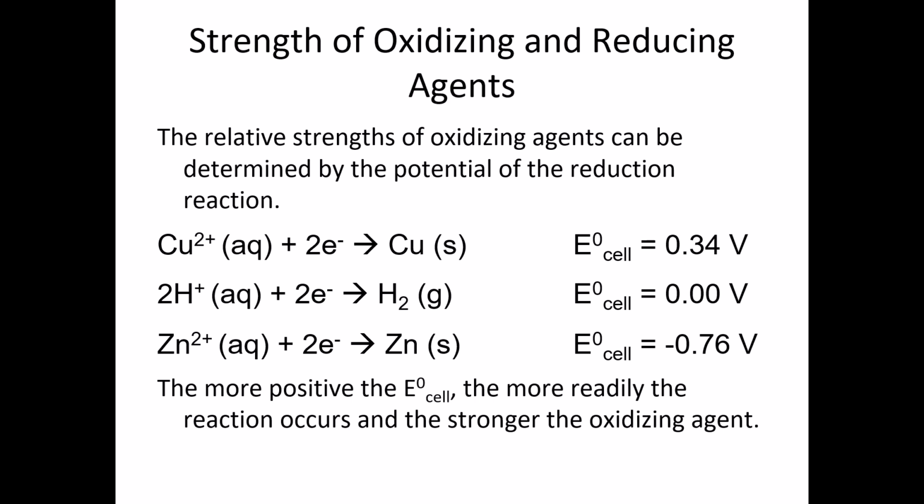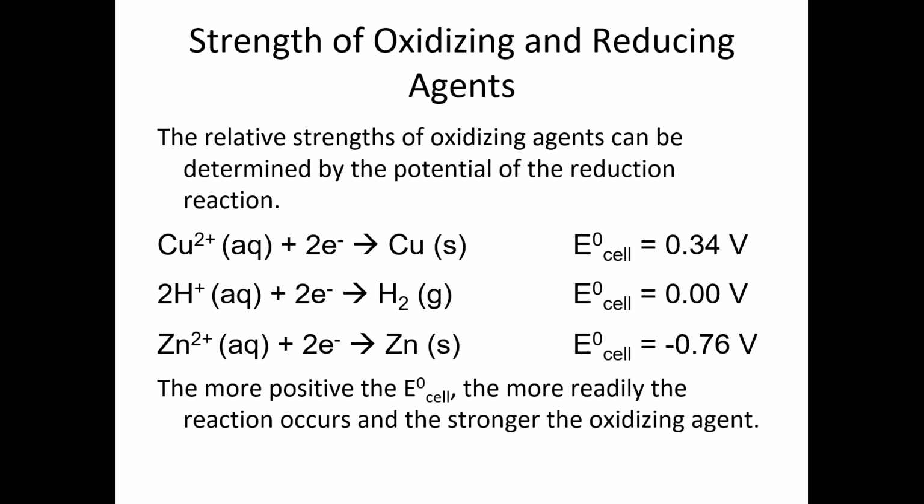Remember, oxidizing agents get reduced. So the stronger the oxidizing agent, the more likely it is to be reduced. So the more positive the E cell value, the stronger the oxidizing agent. The more negative the E cell value, the stronger the reducing agent.